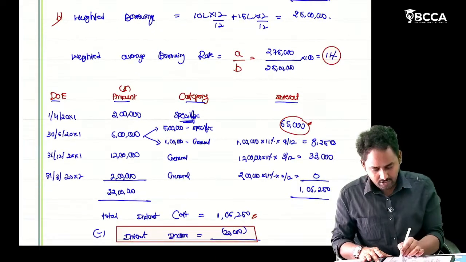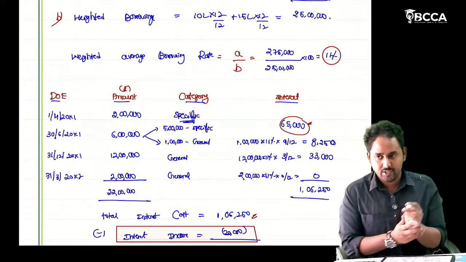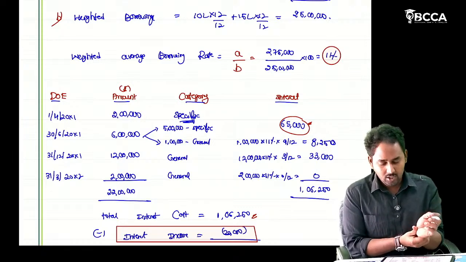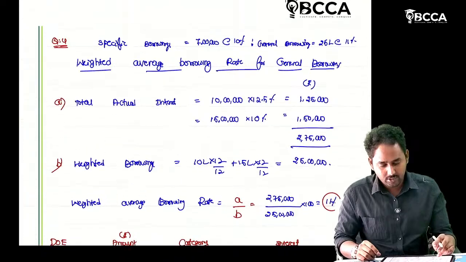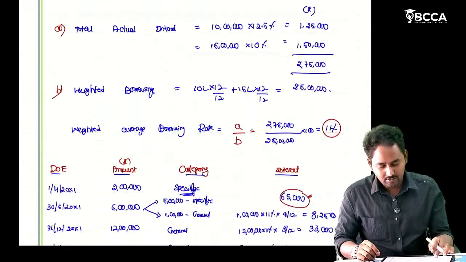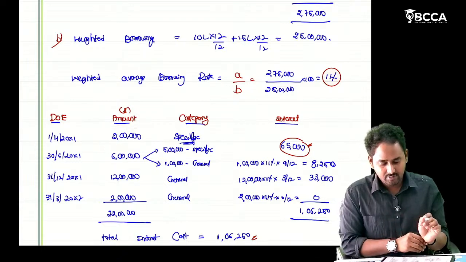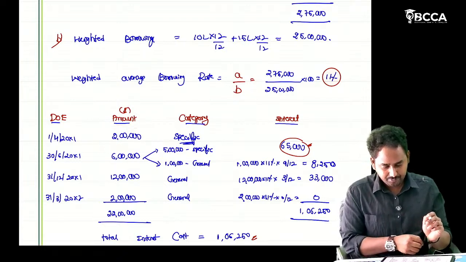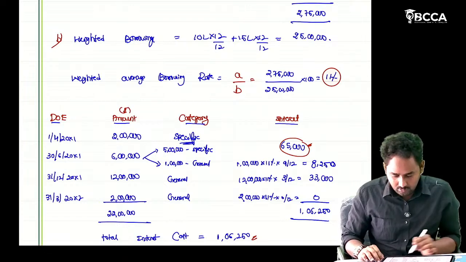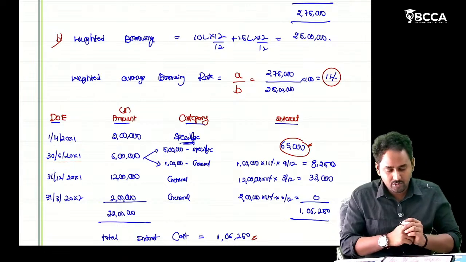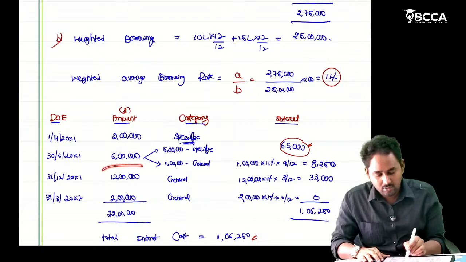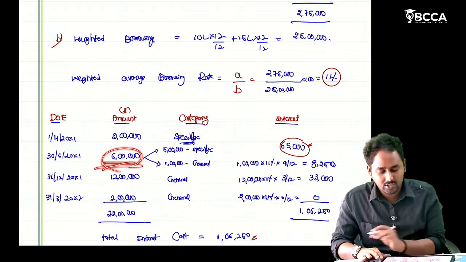So I have incurred 2 lakh rupees. First, what is the basic assumption? What is the default assumption? The amount should be utilized out of specific first. What is the specific borrowings here? 7 lakh rupees are available. So these 2 lakhs are utilized out of this 7 lakh rupees. And after that, on 30th June 2001, what is the total expenditure? 6 lakhs.